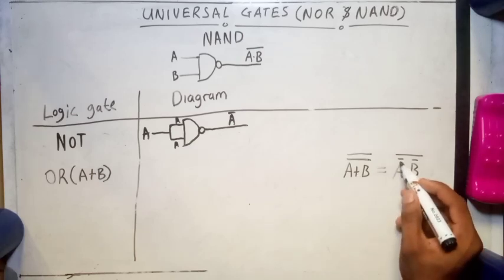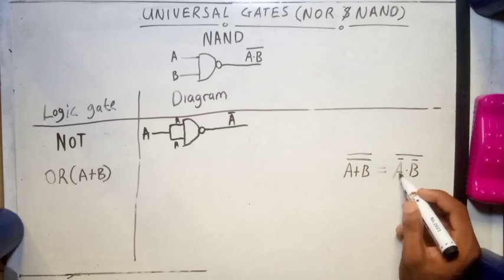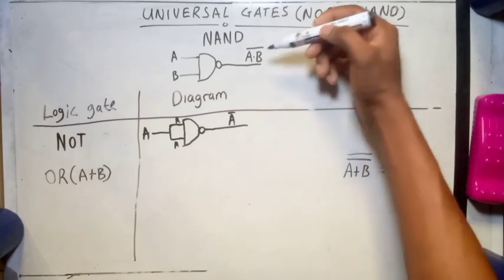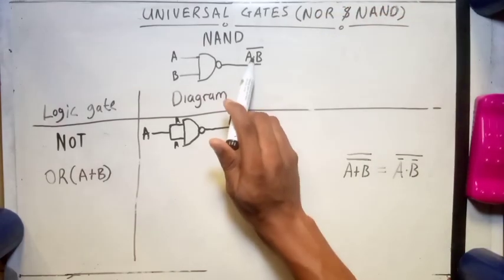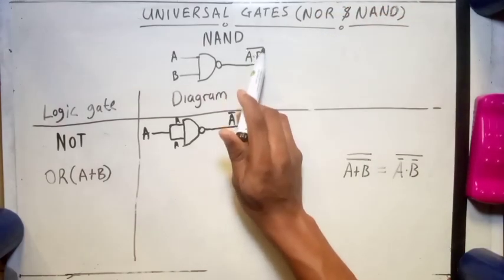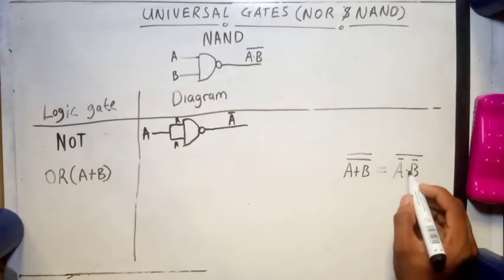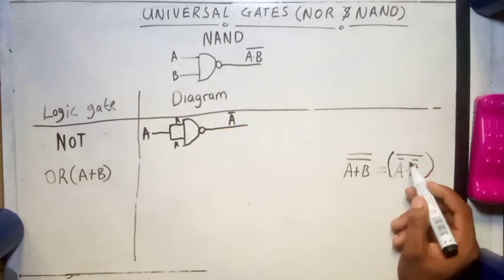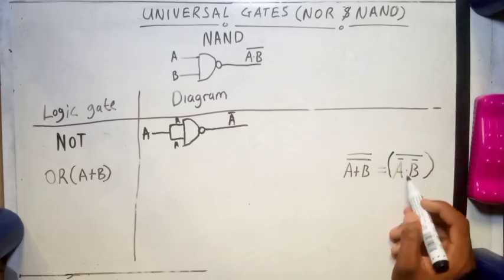So we have A bar, which is the complement of A, and B bar, and then a NAND function. What you have to see for you to know something is NAND is the multiplication and then the bar on top. So this is a multiplication and this is a general bar on top. So this is a NAND, while this is just negation or NOT.